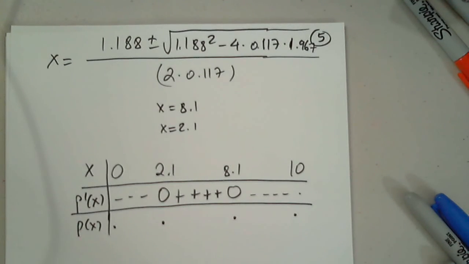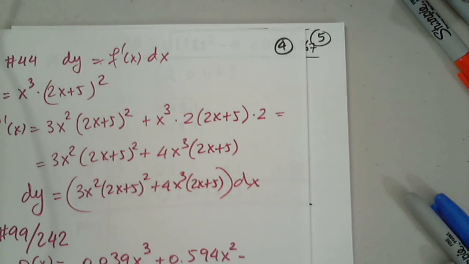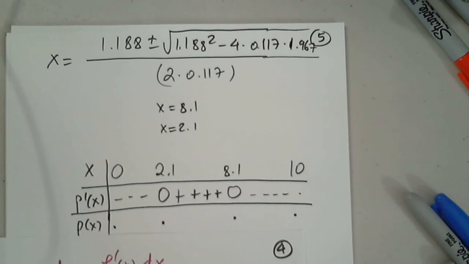So in y equals, clear everything, and I'm putting in this new function, so negative 0.039x to the third, and then plus 0.594x squared, and then minus 1.967x and plus 7.555, and then I want to evaluate for 0, for 2.1, for 8.1, and for 10.